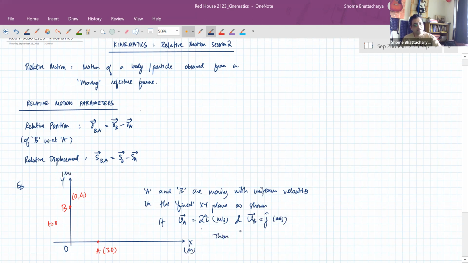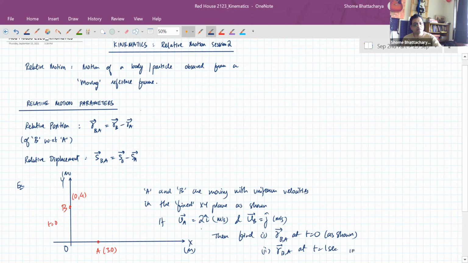Then find the relative position of B with respect to A at t equal to 0 as shown. Again, the relative position of B with respect to A at t equal to 1 second.